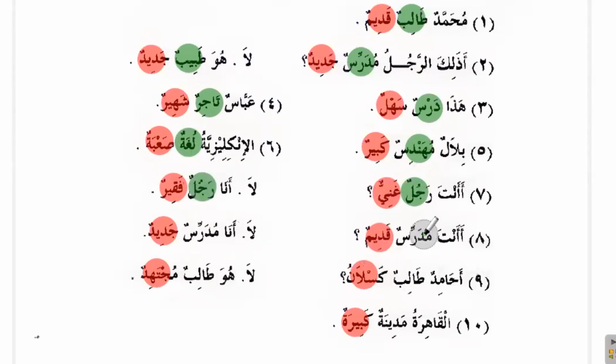Rajulun, mudarrisun, talibun, madinatun. So these are the na'at wal man'ut. I hope that is clear.